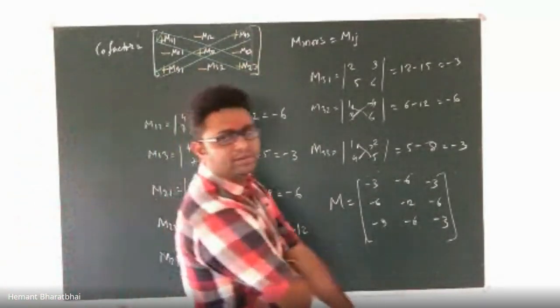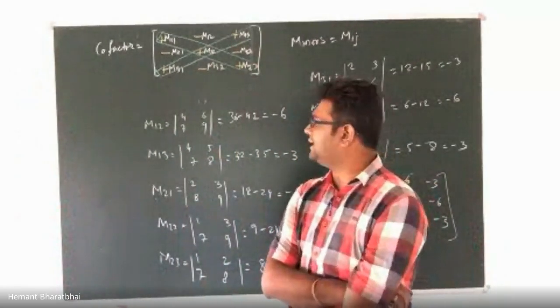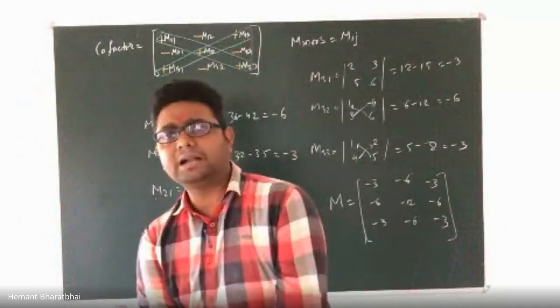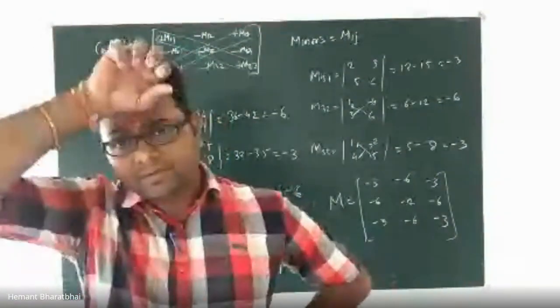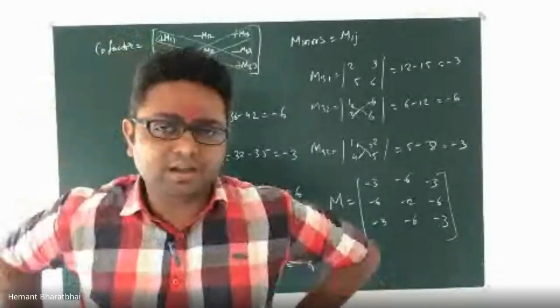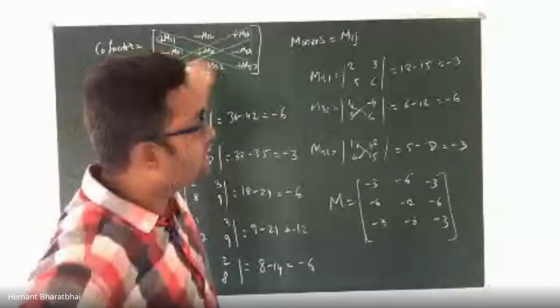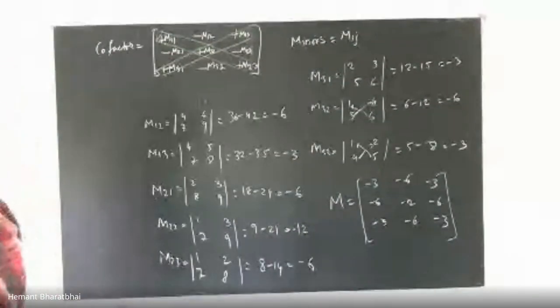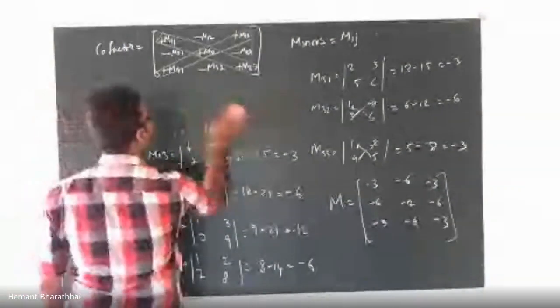So whatever minors we have found out, we substitute all the values of these minors with this sign convention, then whatever matrix we get is called the cofactor. So first we found out the minors of a matrix. Now, when you apply the sign convention to the minors, that matrix will be called the cofactor matrix.